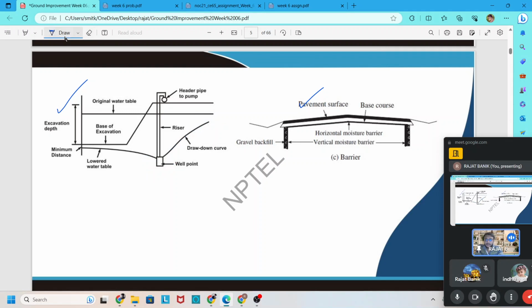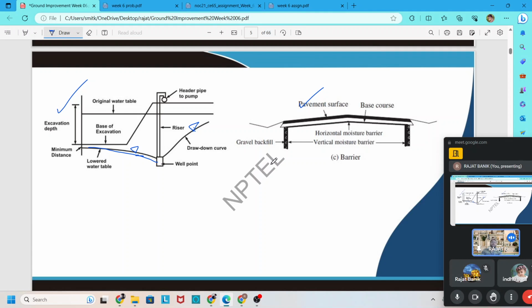After the dewatering, the water table may come to that level. If you see my screen, I drew the water table here. The water table comes to that level, so there is no problem to this excavation. We can start our construction with no detrimental effect. So that is the dewatering technique.